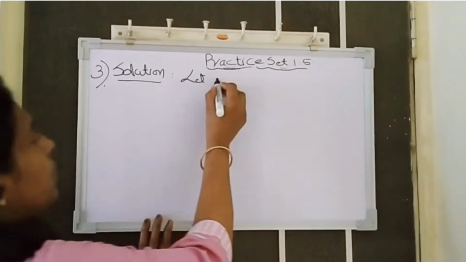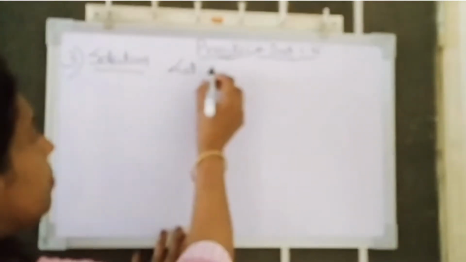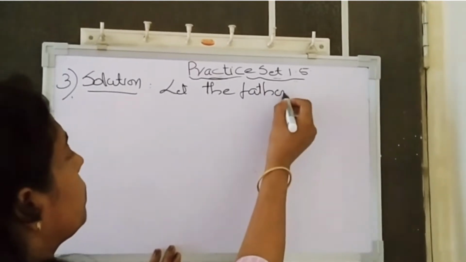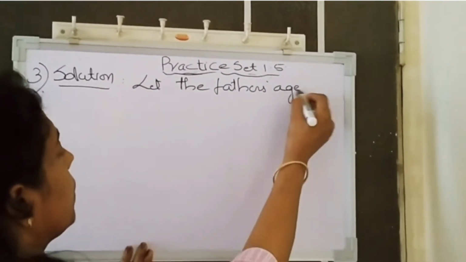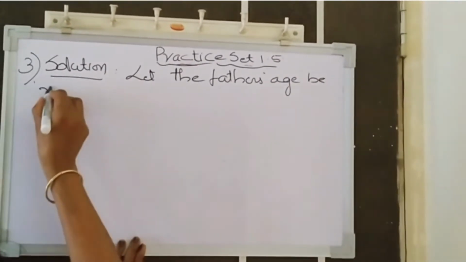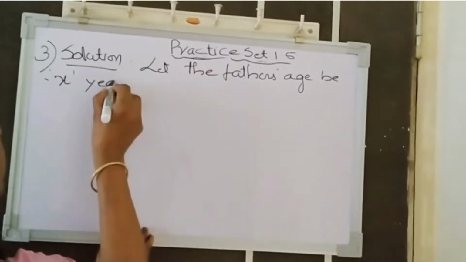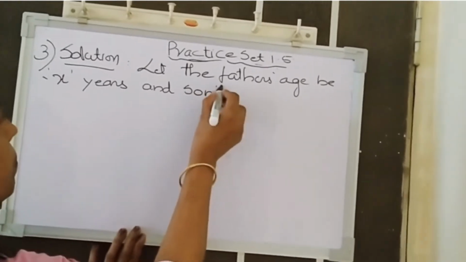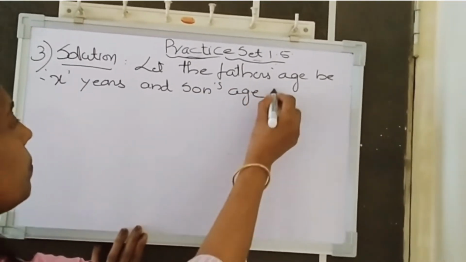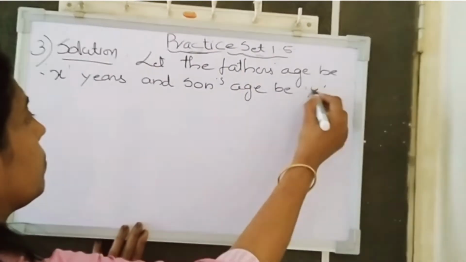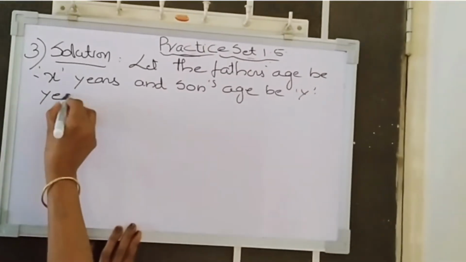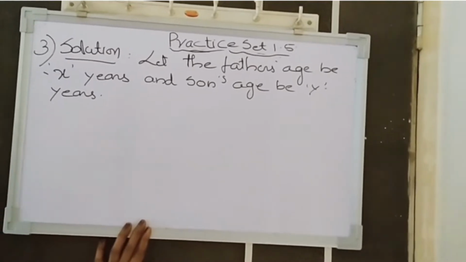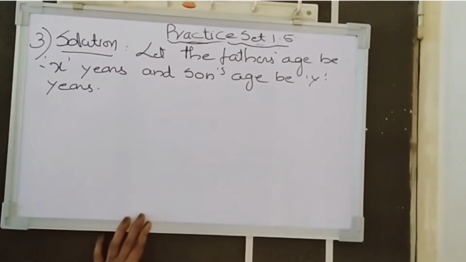In solution, let the father's age be x years and son's age be y years. First condition, sum of father's age and twice the age of his son.